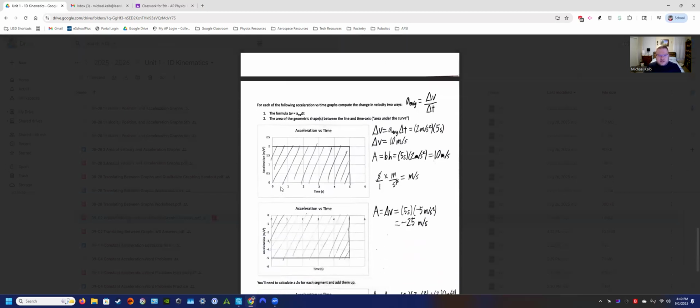Here we have an object accelerating at 2 meters per second squared for 5 seconds. So change in velocity is average acceleration times time. That's 2 meters per second squared times 5 seconds, or 10 meters per second. And if we draw a line down to the time axis, we've enclosed a rectangle, and the area of that rectangle is also 10.